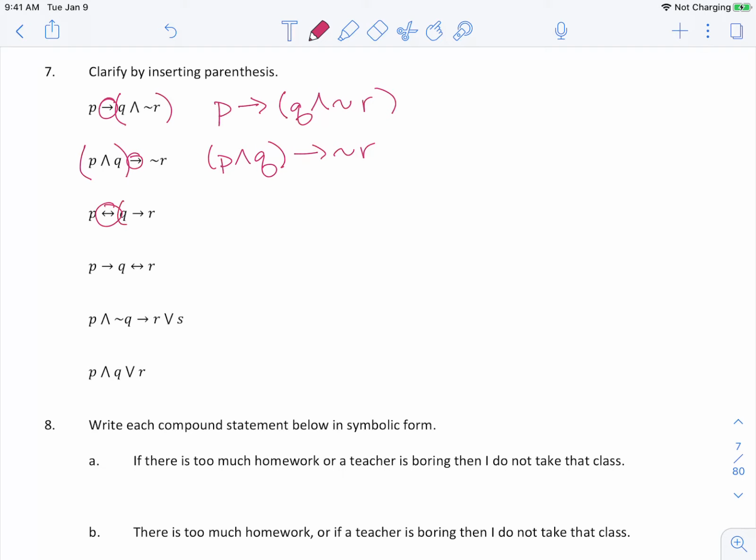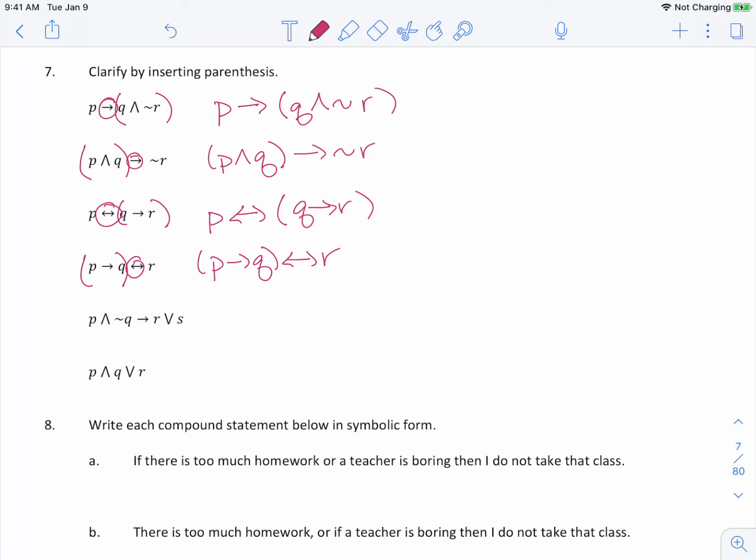So we'll put parentheses around the if Q then R. So we have P, if and only if, and then in parentheses our if Q then R. The next one's similar. Again, if and only if is the most dominant, so we'll put the if P then Q in parentheses. So if P then Q, then if and only if R.